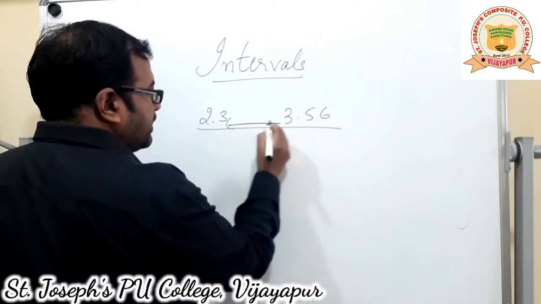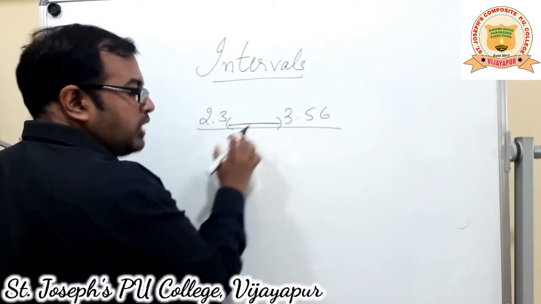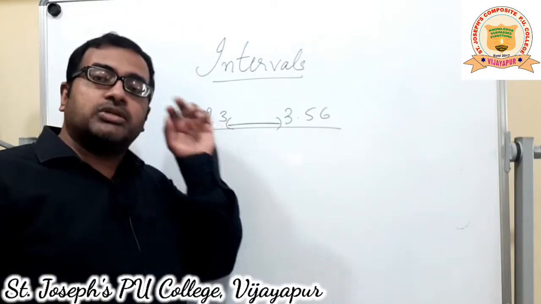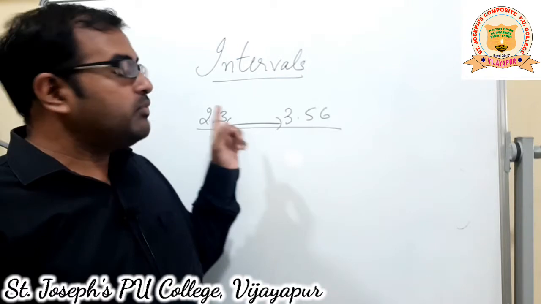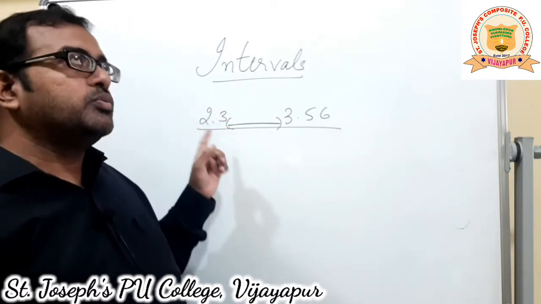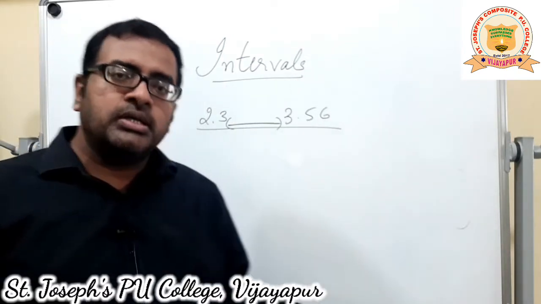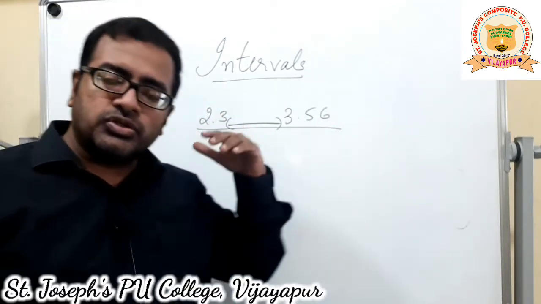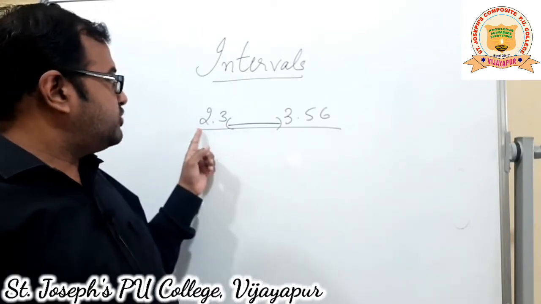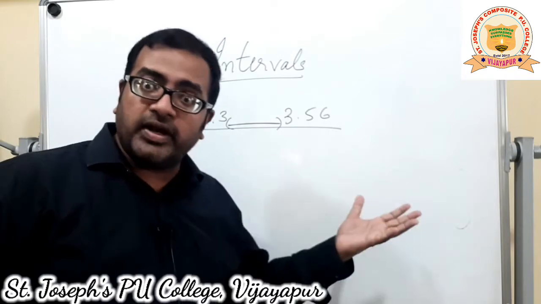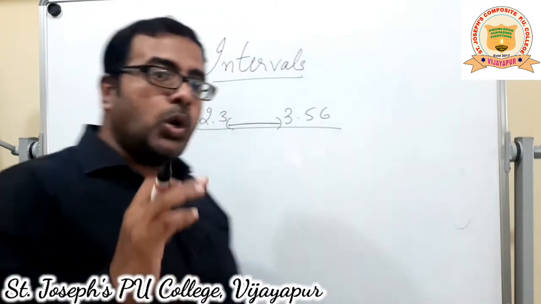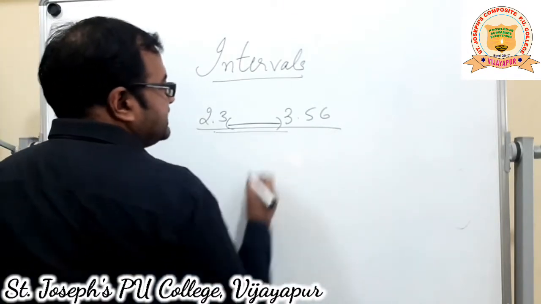What are the possible numbers here? 2.3, 2.31, 2.301, probably smaller than that, 2.30000001, or 2.30000002. There are infinite numbers here. Between 2.3 and 3.56 we have infinite numbers. All those real numbers, rational as well as irrational, together are called an interval.